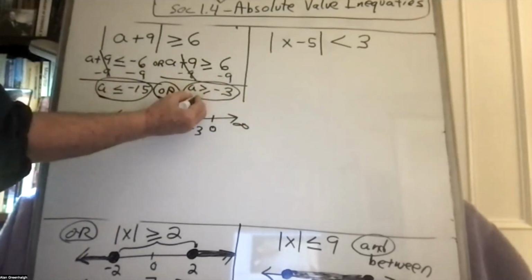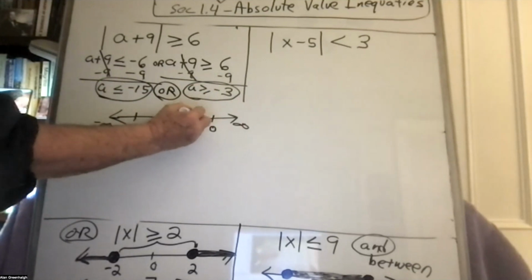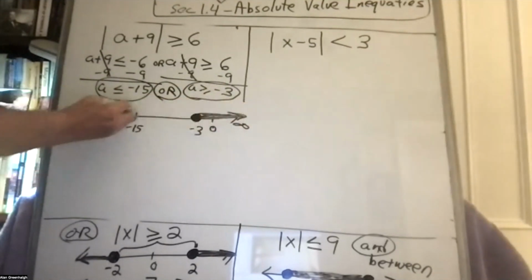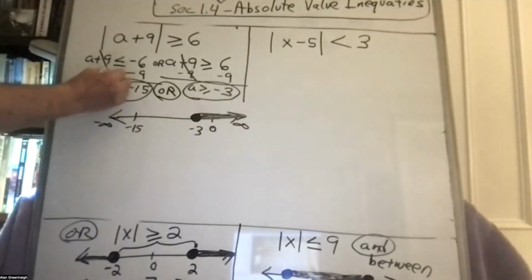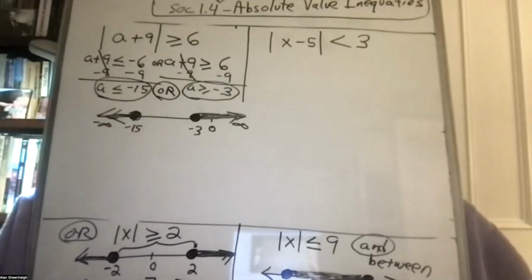One solution will be A is greater than or equal to -3, going here. This will be A is less than or equal to -15, and that would be looking like that.